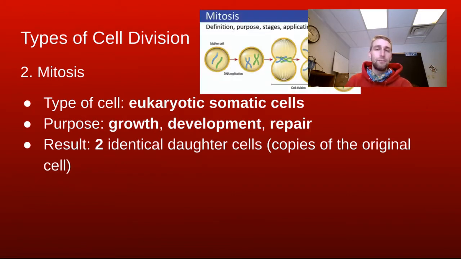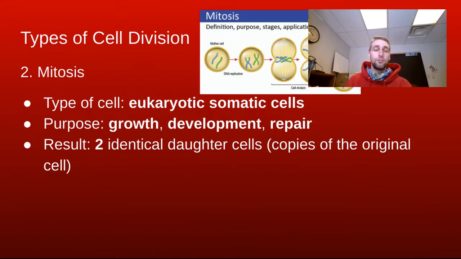Mitosis is similar because you end up with two identical copies of the original cell, but it involves a few more intermediate steps, which we're going to get to in just a minute. More intermediate steps because mitosis is done by eukaryotic cells, specifically somatic cells, so those are regular body cells.